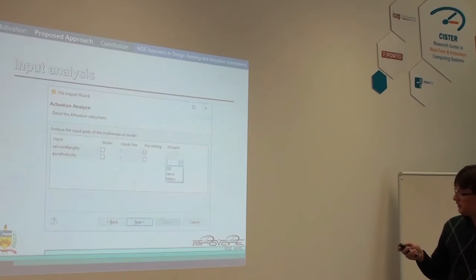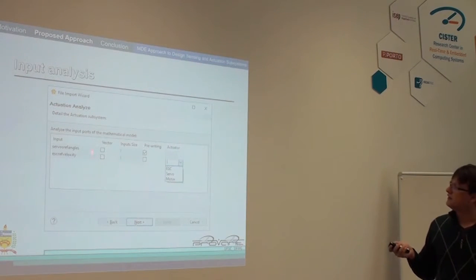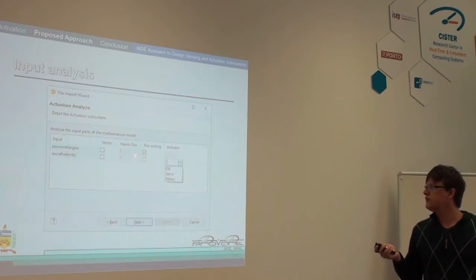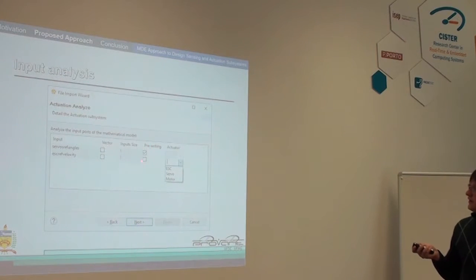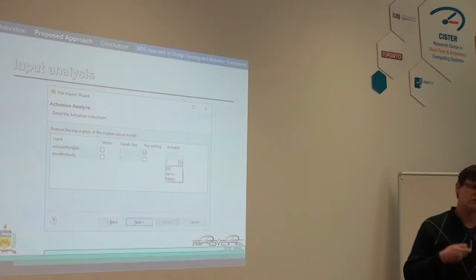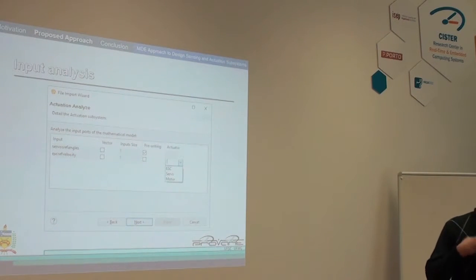Here we can define whether it's a single piece of information or a vector, and whether this information needs some processing or can be sent directly to a specific actuator.